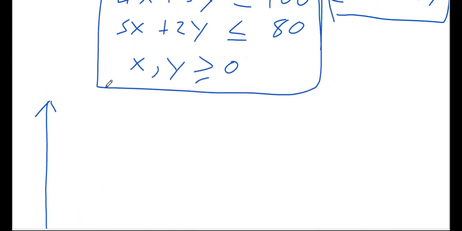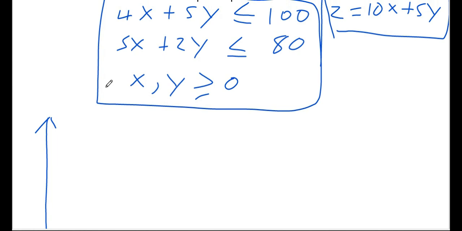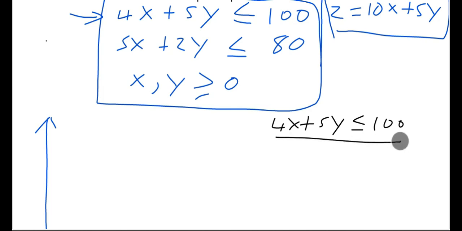So the first line I'm looking at is the first constraint right here: 4x plus 5y is less than or equal to 100. I want you to know that this is not a line, this is a region, but we want to draw a line.